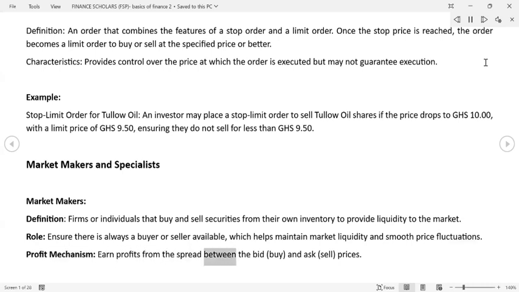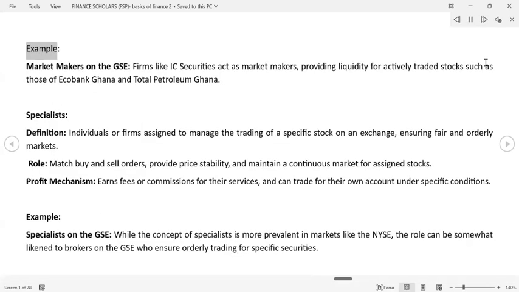Profit mechanism: earn profits from the spread between the bid, buy, and ask, sell, prices. Example: market makers on the GSE. Firms like IC Securities act as market makers, providing liquidity for actively traded stocks such as those of Ecobank Ghana and Total Petroleum Ghana.